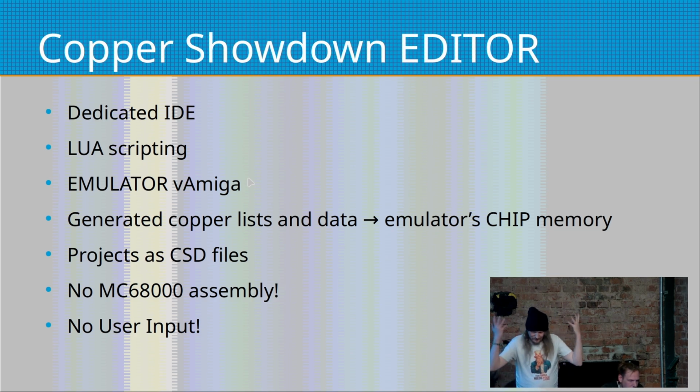I don't know how it could do that, because the user input on Amiga will trigger an interrupt. And these CPU interrupts are out of our scope. So Copper Showdown is not for interactive projects.